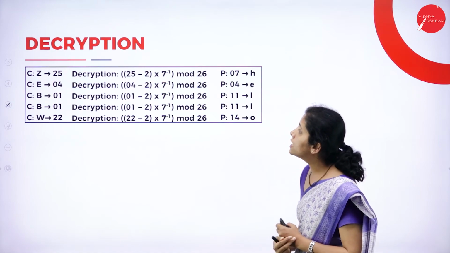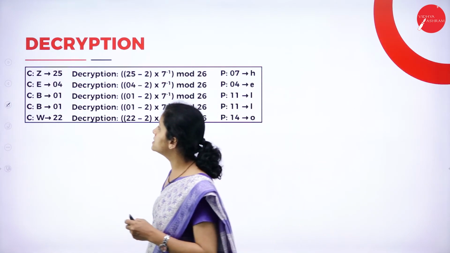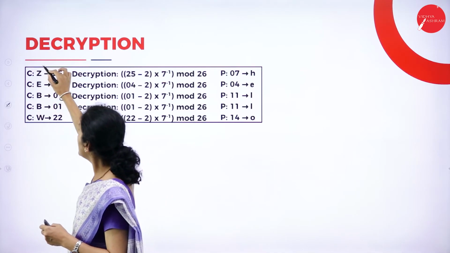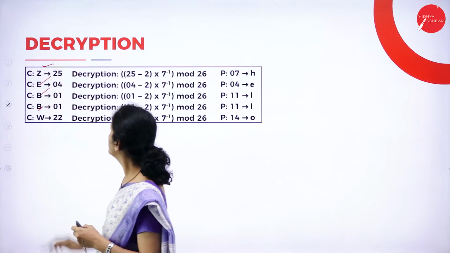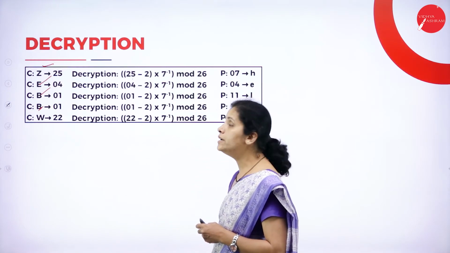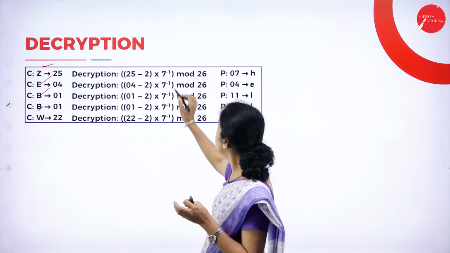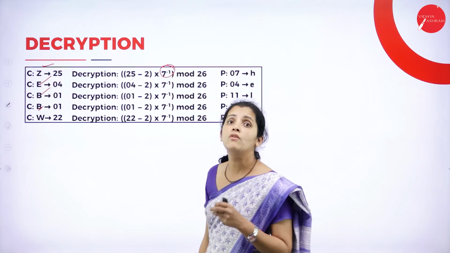Now see here, I'm going to do decryption. So what is present here? That is ZEBB. Now I have 25 minus 5 into 7 inverse. So dear student, here you want to consider the inverse of 7.